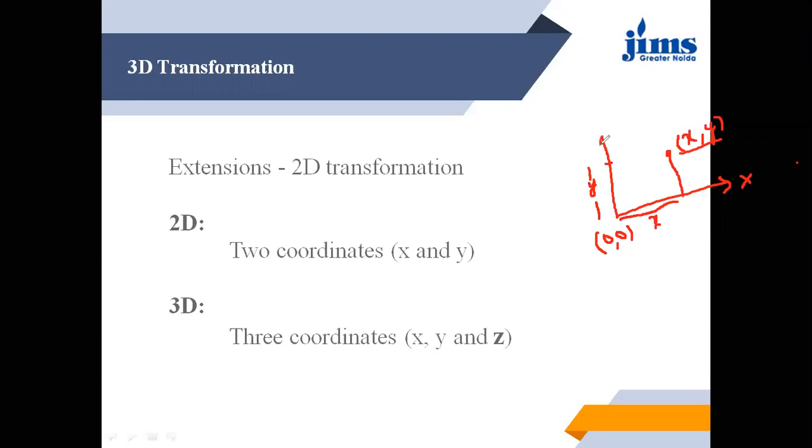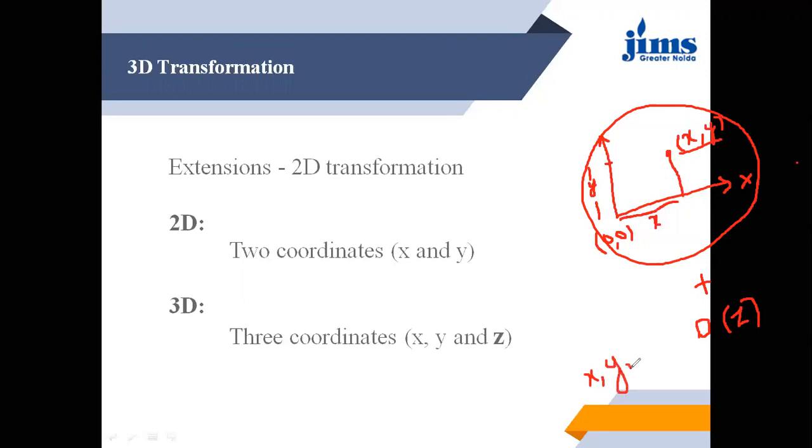In 3D transformation, we represent an object in three dimensions. These are two dimensions x and y, plus we add one more dimension, and that is called the z dimension. That means we represent an object using three coordinates, x, y, and z.